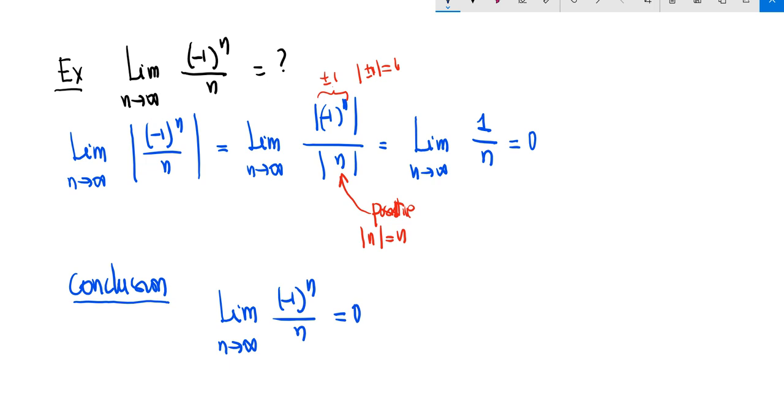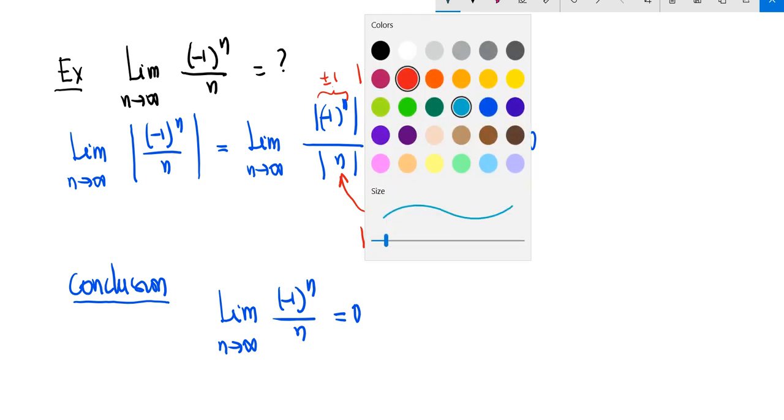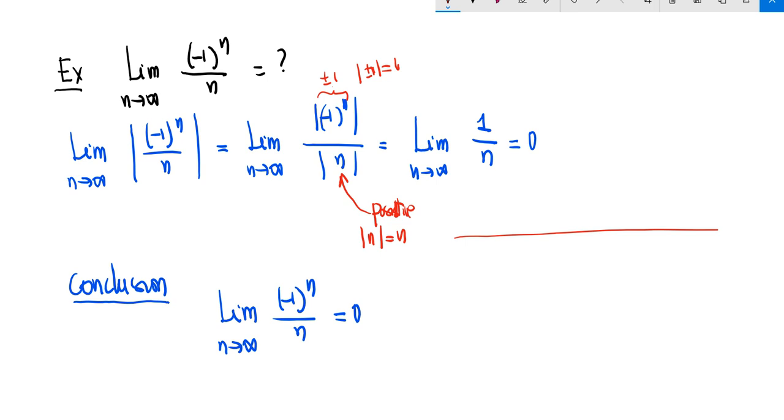And it seems so. Maybe a picture will also help convince us that we're on the right path. If we consider the sequence (-1) power n over n, when n is 1, then we get negative 1, right? So we're somewhere here. When n is 2, we get 1/2. When n is 3, we get negative 1/3, and so on. So the sequence is sort of alternating, it's jumping back and forth, but each time it's getting closer and closer to 0, right?